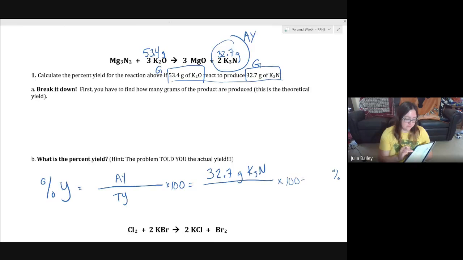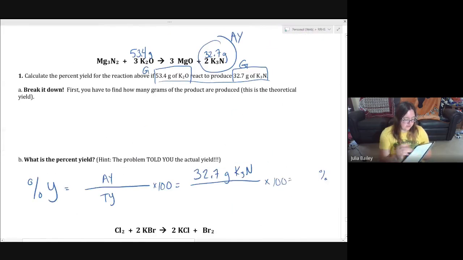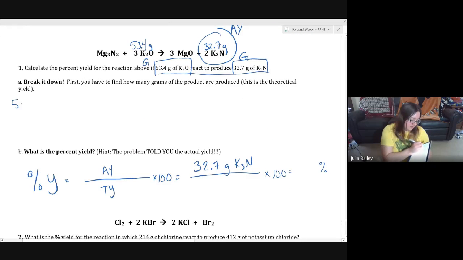But that 53.4, we have to actually do something with. We're going to have to follow a mole bridge with it. So here we go. We're going to start with that 53.4 grams of K2O.